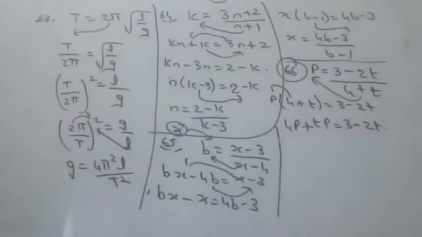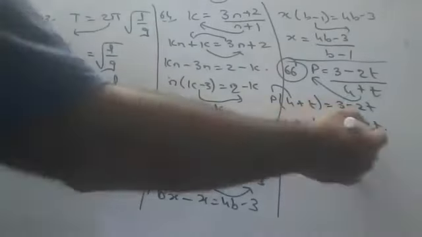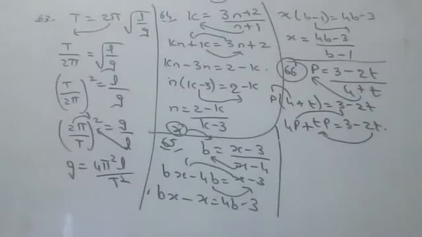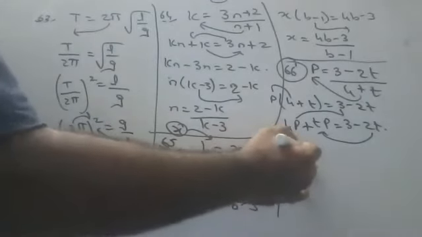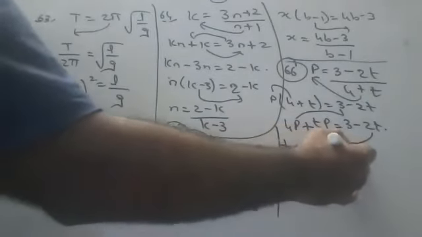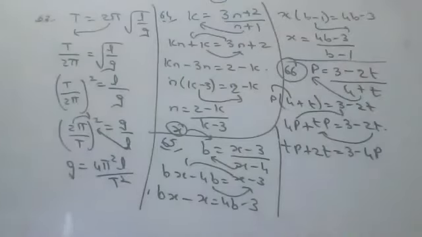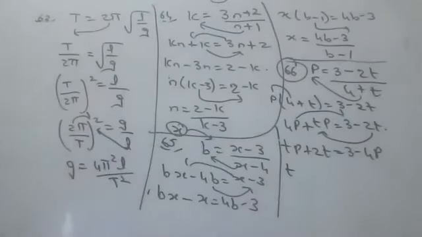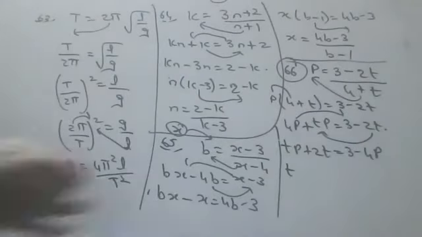Okay. Bring all t's one side. tp plus 2t is equal to 3 minus 4p. So can you take t common? p plus 2.